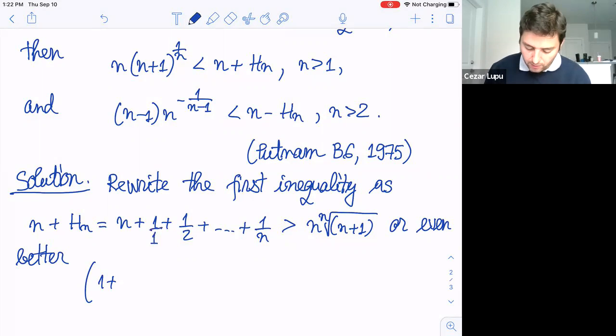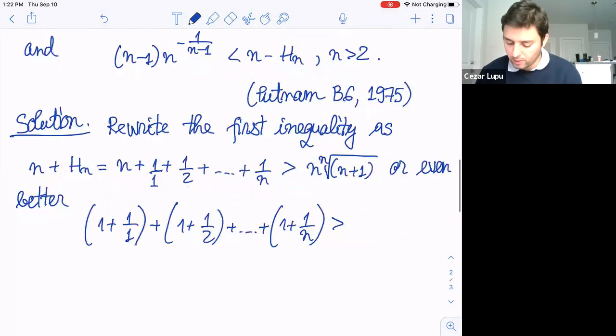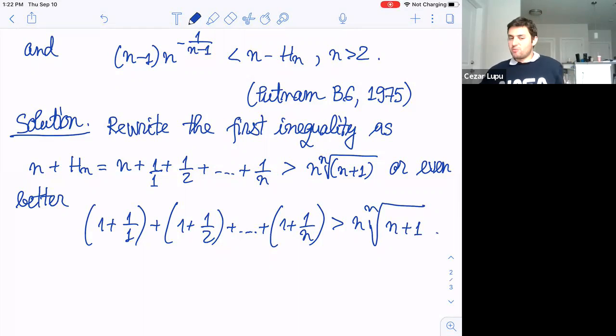Let me put it this way so that you can see it. Plus 1 plus 1/2 plus 1 plus 1 over n is strictly greater than the n-th root of n plus 1. Okay, and this form, does this ring a bell to you? Does it remind you of something that we discussed? I think even last week we discussed it. It's a very famous inequality that involves the n-th root, which is called what?